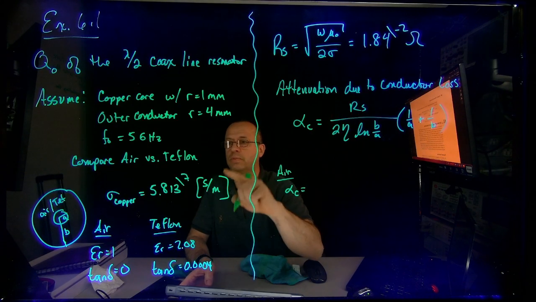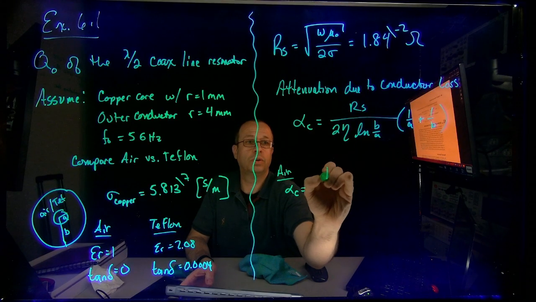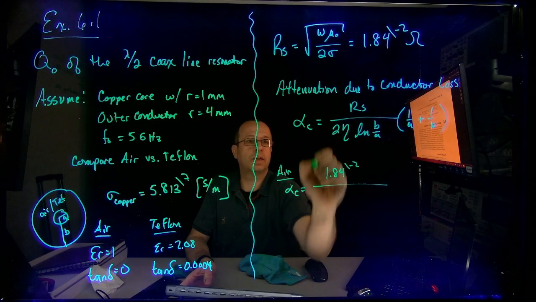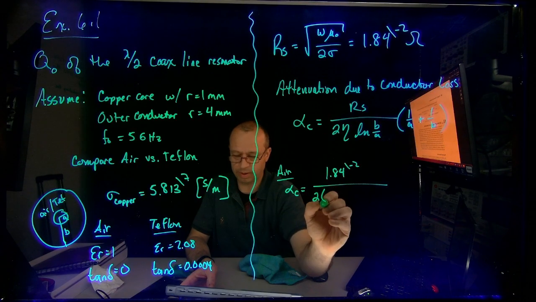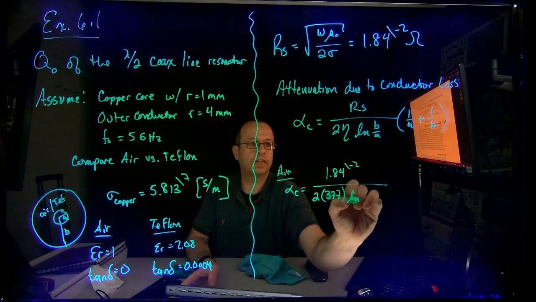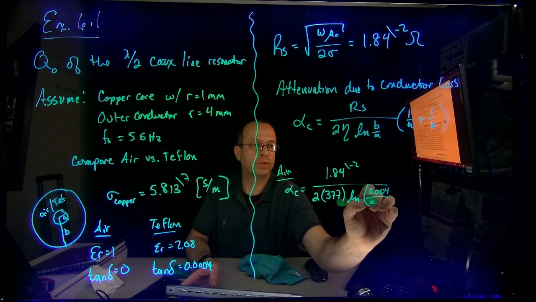So R_S, we already have that. That's 1.84 times 10 to the minus 2. And then these numbers are 2, and if you remember eta, that's 377. And then this is ln of B over A, so that's just 4 over 1, 0.004 over 0.001.